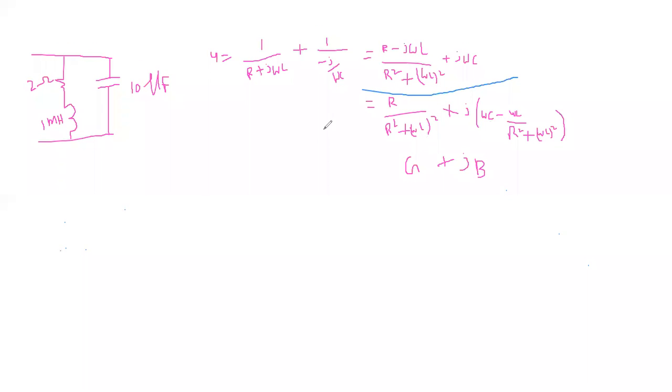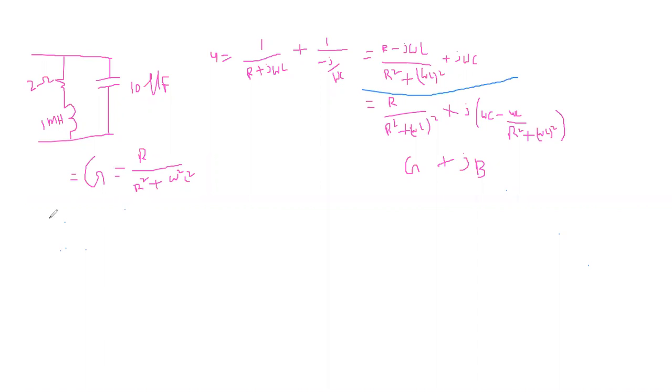So what is the value of G? G equal to R by R square plus omega L whole square, right? G value. Yes sir. So conductance కదా G అంటే conductance, reciprocal of resistance, that means dynamic resistance.